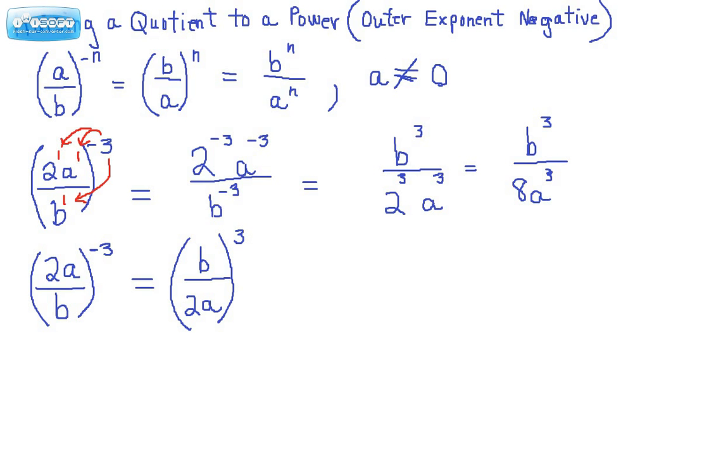And now we multiply each inside exponent by the outside one. We keep the bases, multiply each inside exponent, top and bottom, by the one on the outside. So we keep the b and say 1 times 3 is 3 and get b to the third.